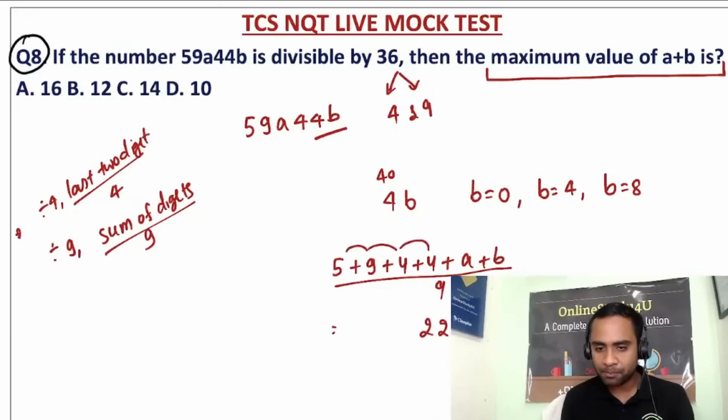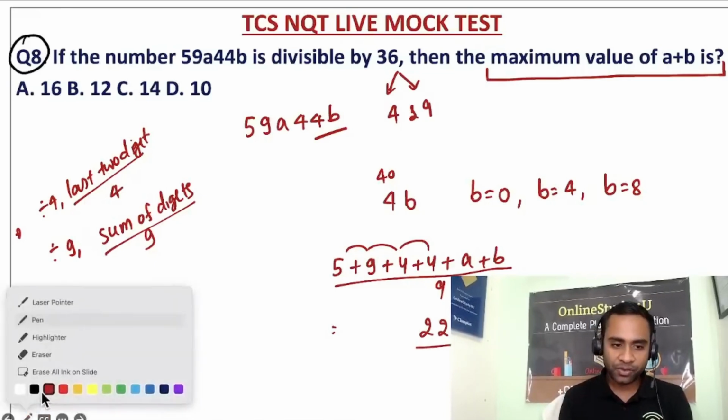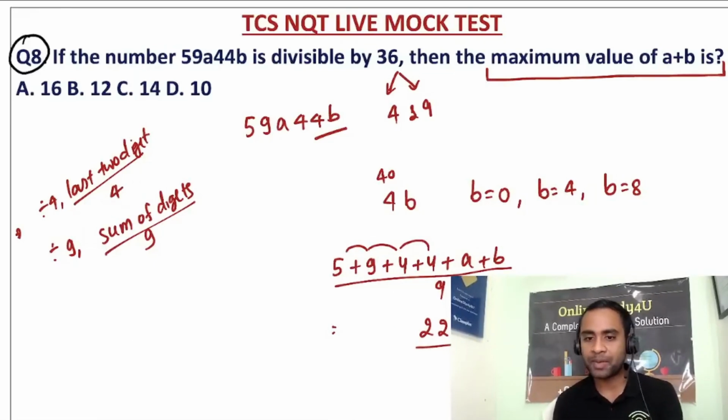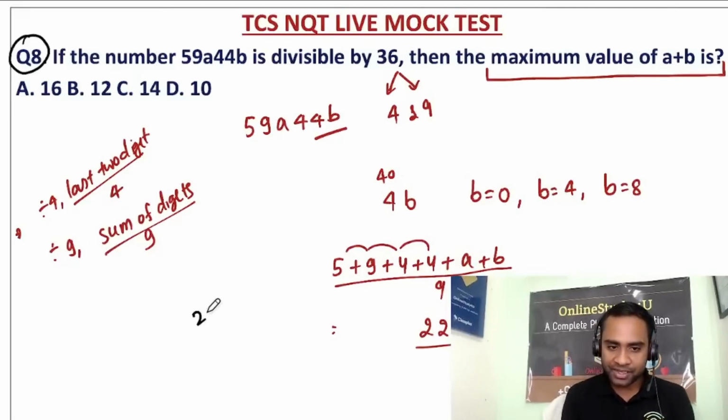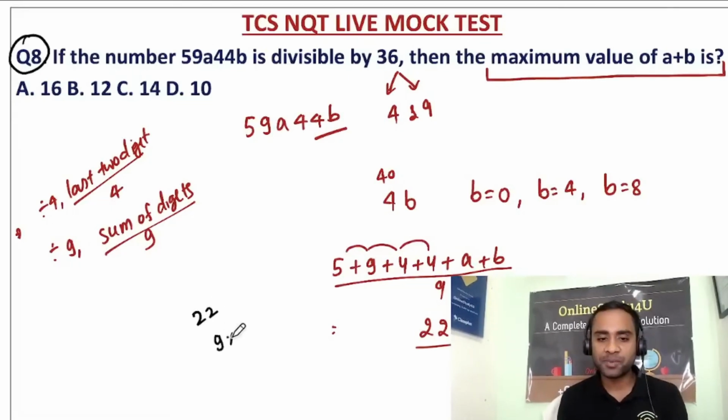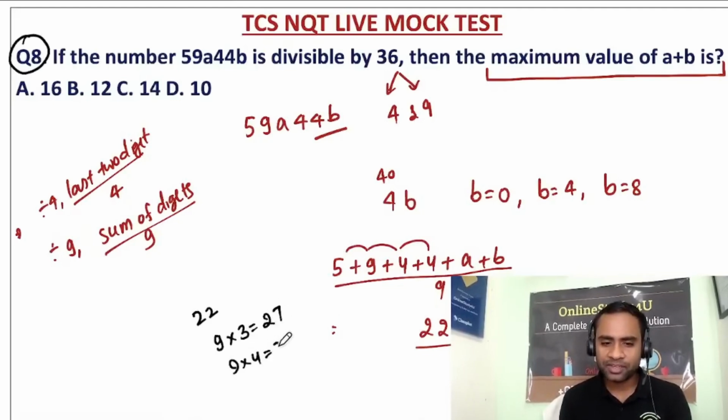So 22 plus a plus b should be divisible by 9. Now let us see the possibility. After 22, the next number divisible by 9 is 27, and then 36 and so on.